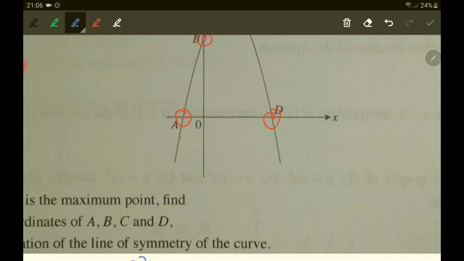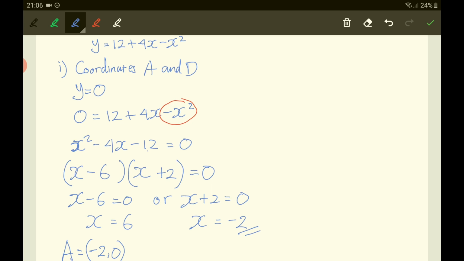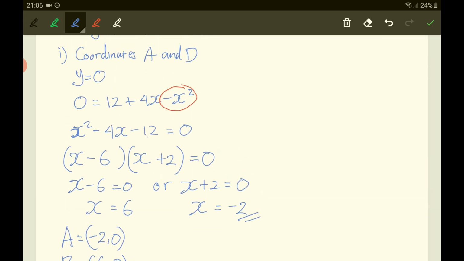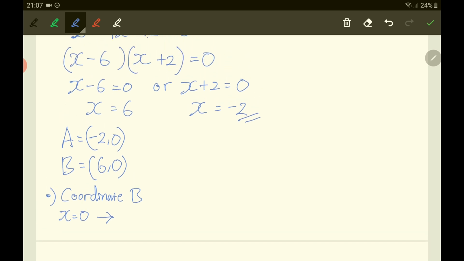The opposite of something that we did in the first question for finding A and D. So to find the coordinate of B, let x equal to 0. Then you can get the coordinate B.